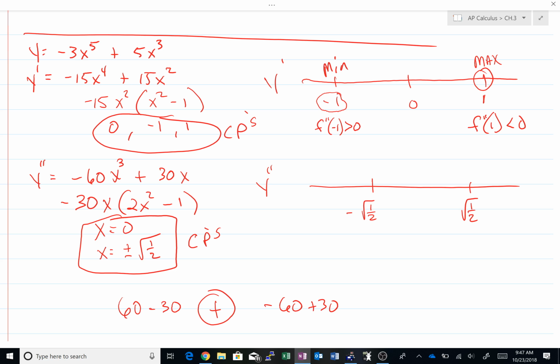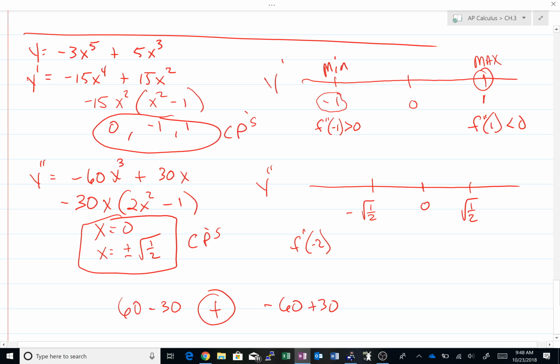Now we're going to talk about concavity. This is where points of inflection happen. Let's pick a value to the far left of negative square root of 1/2. Let's pick negative 2. So I'm going to do f double prime of negative 2. Negative 2 cubed would be negative 8.